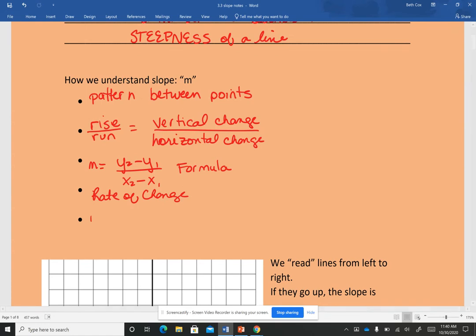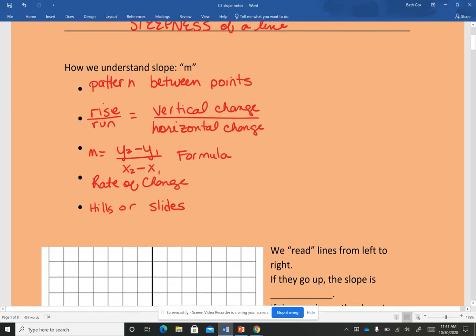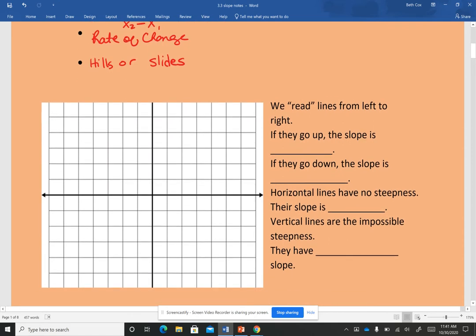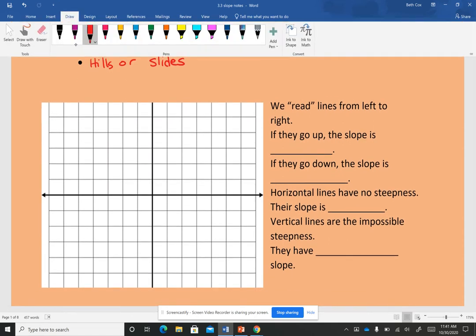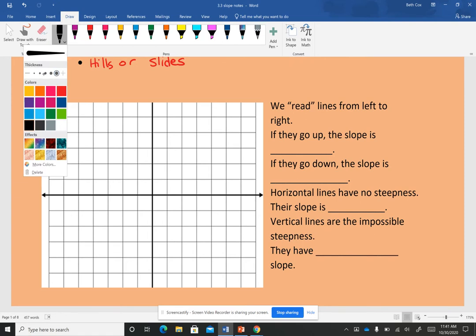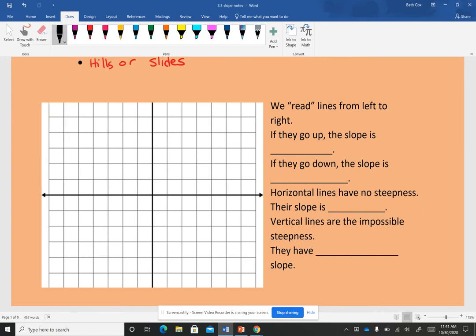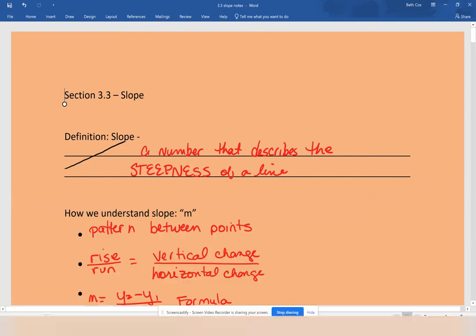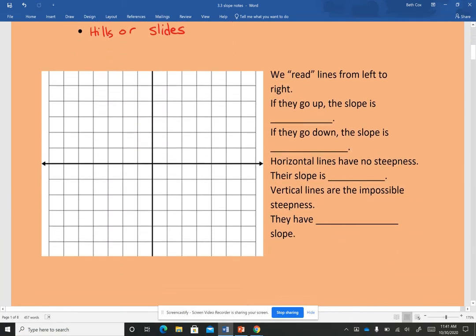And sometimes we look at lines as hills or slides. So just think about hills and slides. Let's look at some lines real quick. Remember, we read lines from left to right, and so when we're looking at a line, we take that into consideration. I'm going to try to make these lines pretty easy to do.